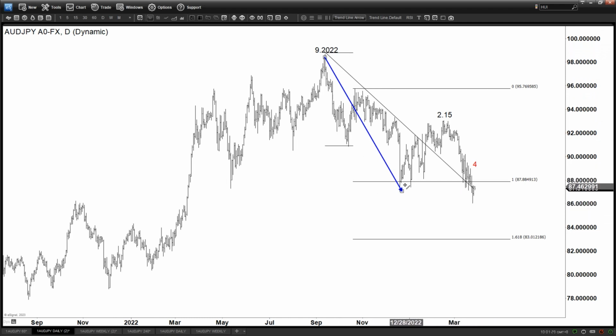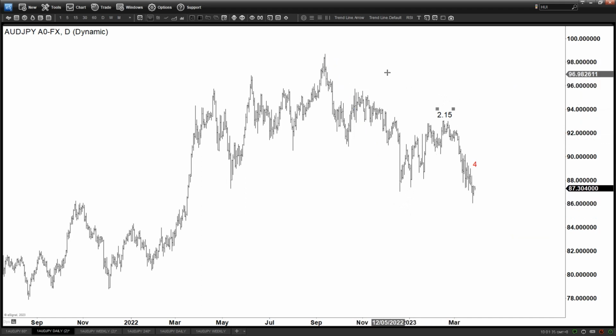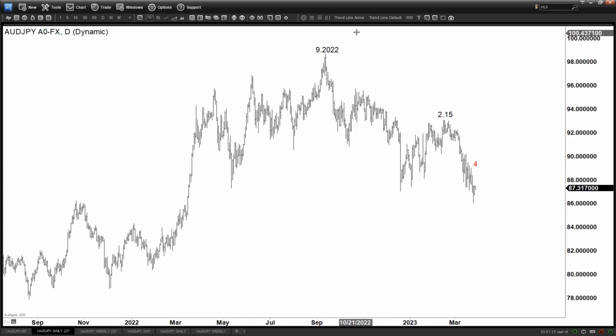You label this as a W, and this is your X, and then it makes a new low. So that means this is a double 3 structure, and the connector is somewhere here. So this is a bearish sequence, in other words, and the target on the downside in this case is going to be something like this.